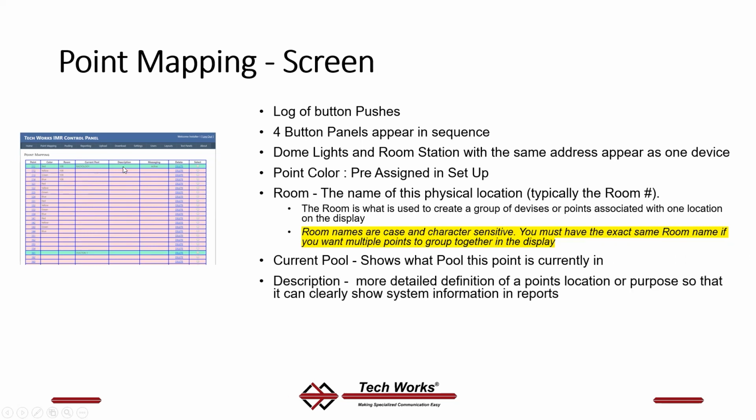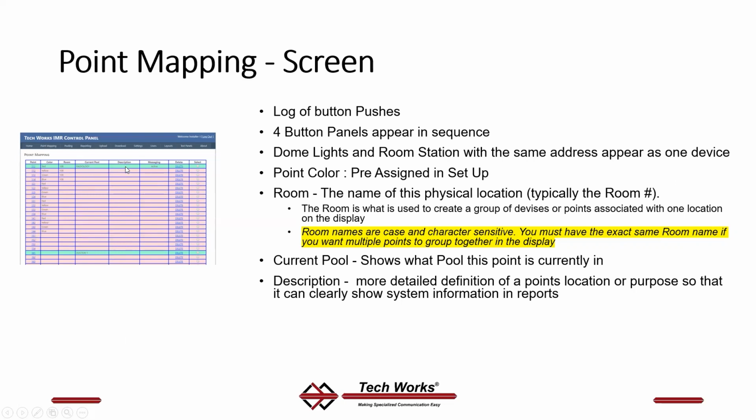The description. This is a very, very useful tool because it helps you later on when you're identifying stations and buttons for text messages and pooling and other things. This description tells you a little more about it than just the room name and the color. It can tell you whatever you want to type in here.